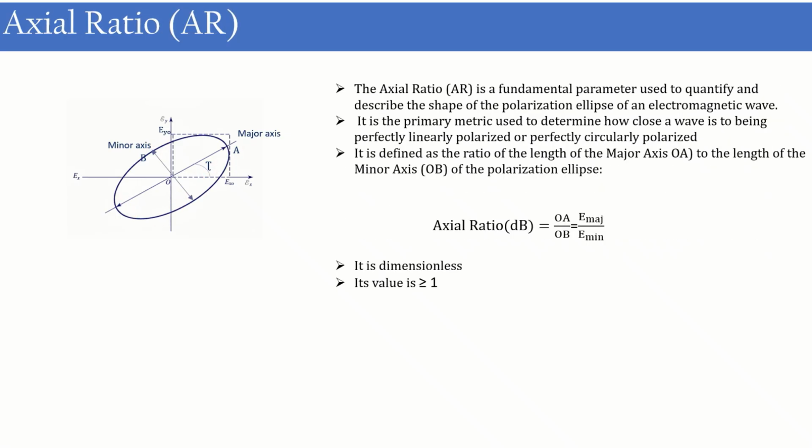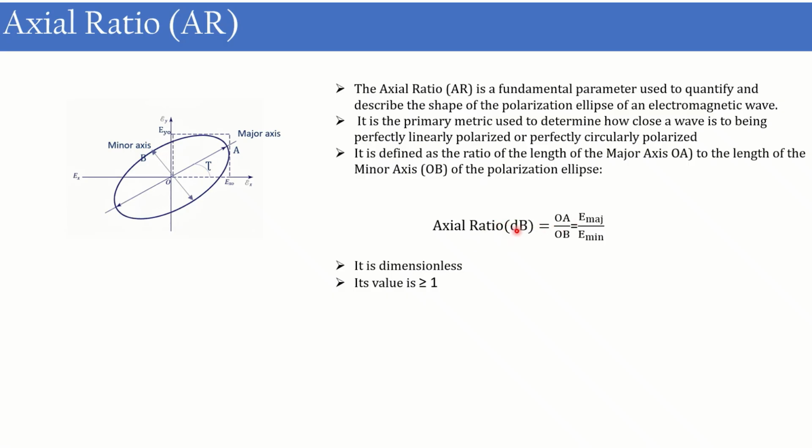Next is axial ratio. Axial ratio is the fundamental parameter used to describe the shape of this polarization ellipse. We know that the polarization ellipse has a major axis and a minor axis. The ratio of the major axis to the minor axis is known as the axial ratio. Sorry, this is not in dB, this is the linear scale.